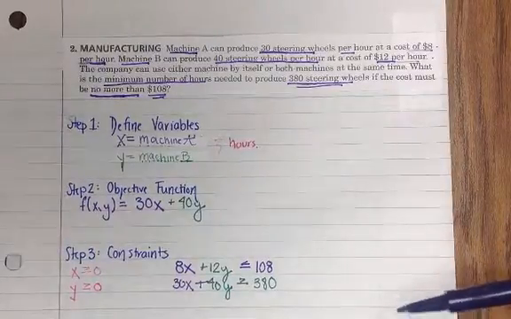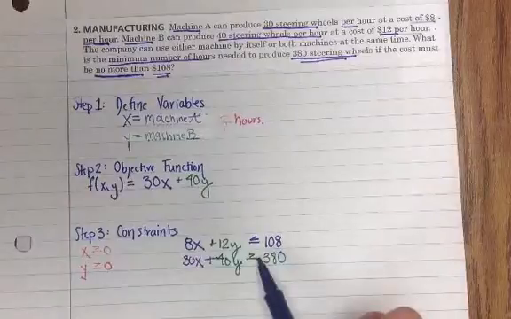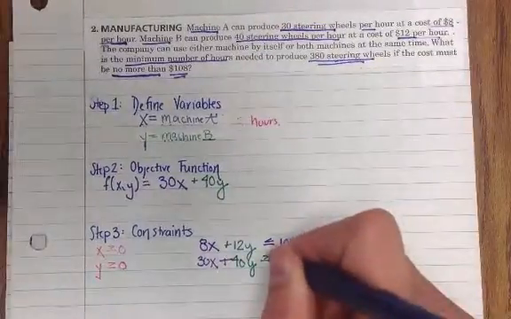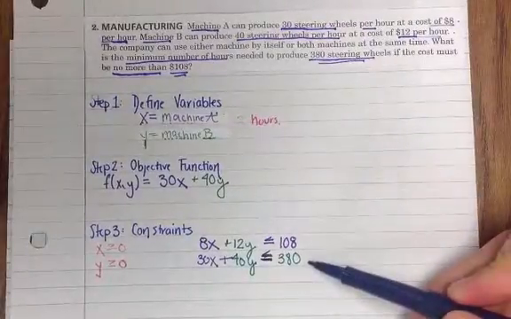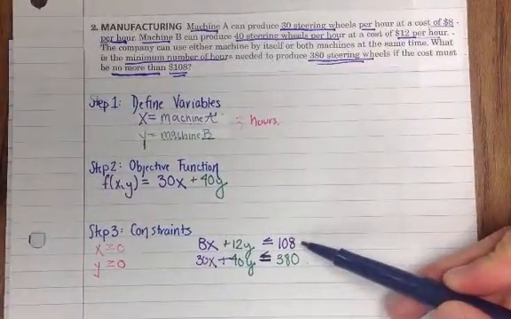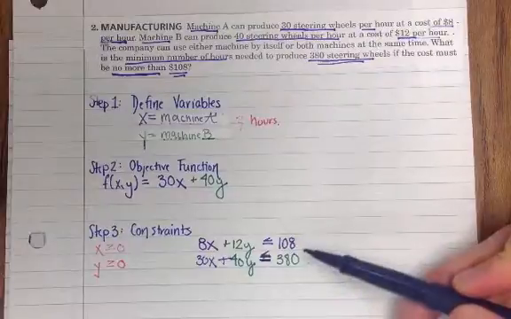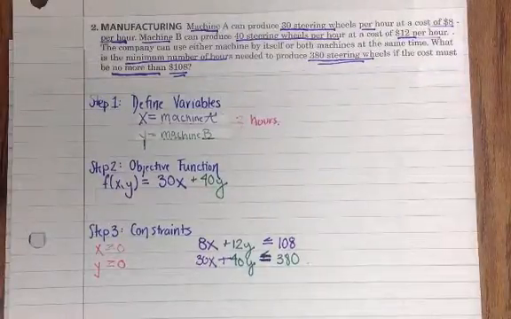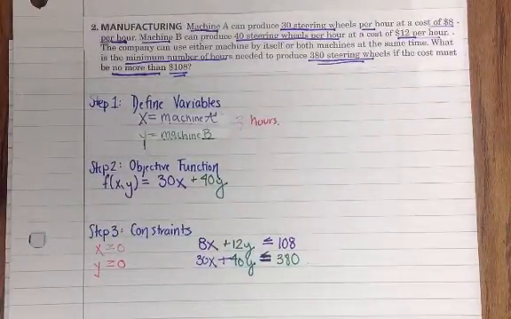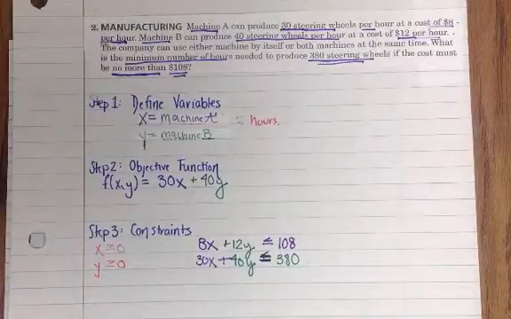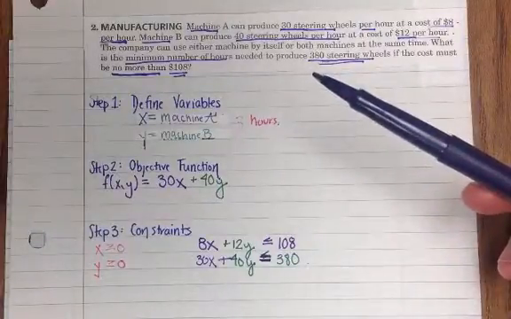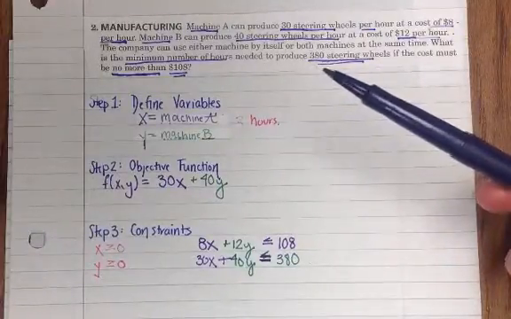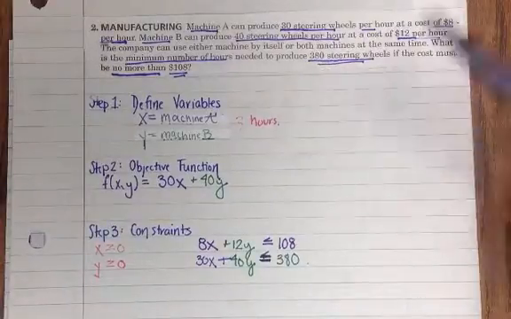So our inequality really shouldn't have been a greater than. It should be a less than or equal to, because we want to produce 380 within that cost of $108. Maybe you can produce more, maybe you can produce less. We don't know until we have that feasible region and test our vertices. But this should be a less than, because we need to know the minimum number of hours to just produce 380 and see if that is in our time.